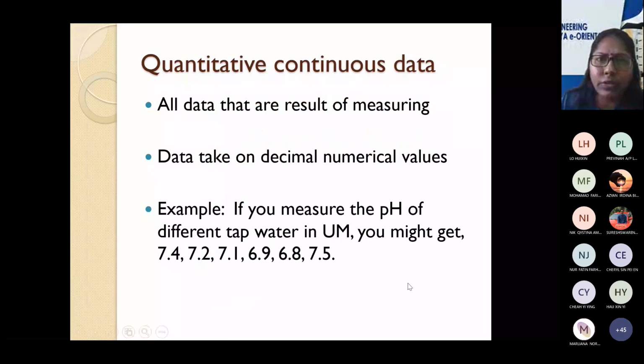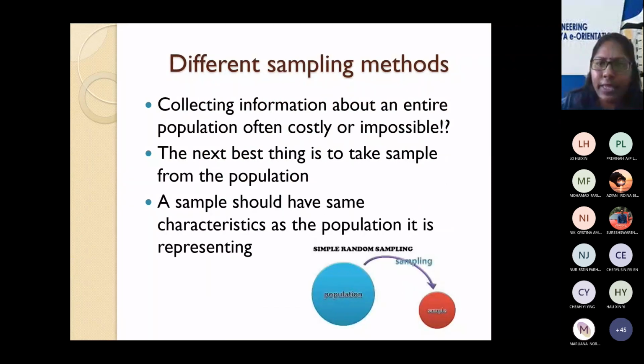Okay, so those are continuous and discrete data. Then we also have different sampling methods. I remember I just mentioned to you, we have population, which is everything. If, for example, I want to know what Malaysians like to eat, the best thing for me to do is find out what every single Malaysian likes to eat.